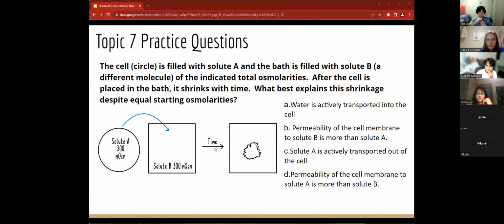So this is one of the topic 7 practice questions. So I'll give you guys around a minute and a half to answer this one. It's kind of hefty, so yeah.